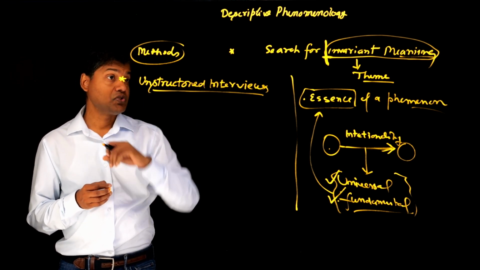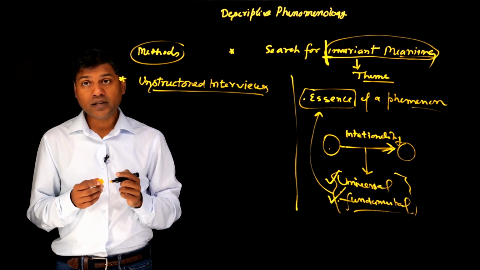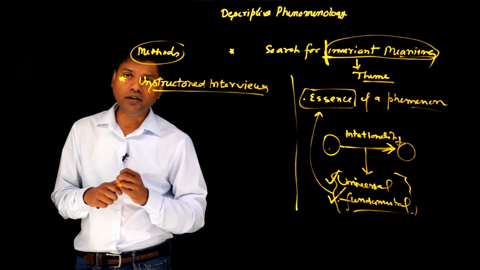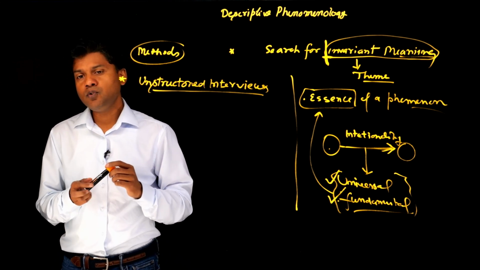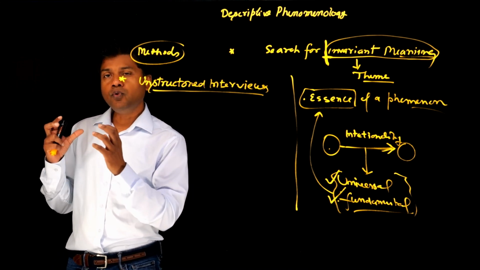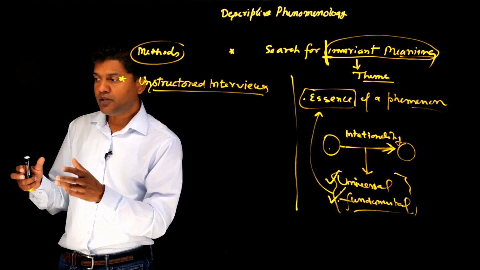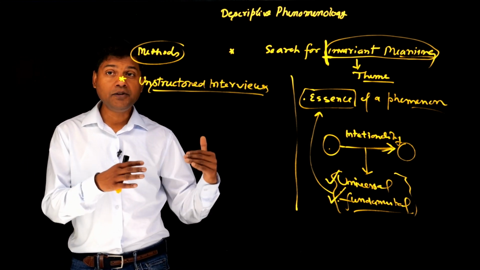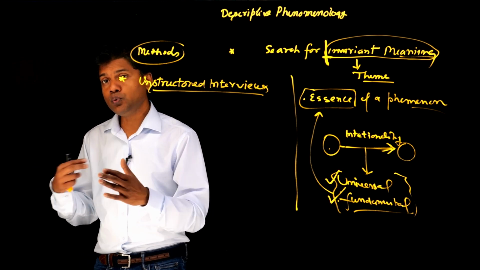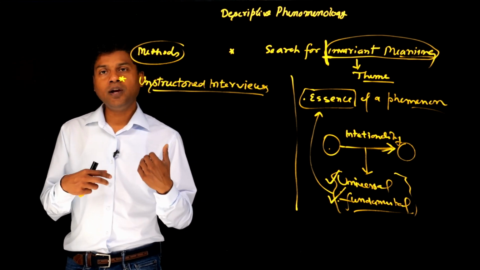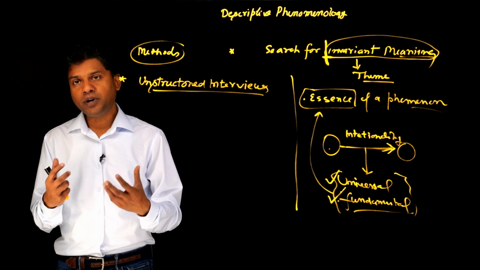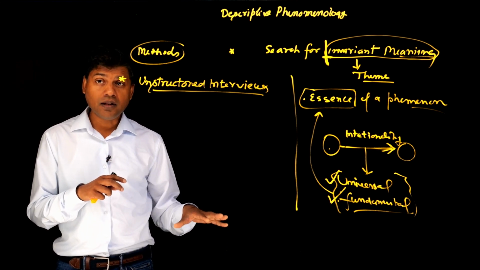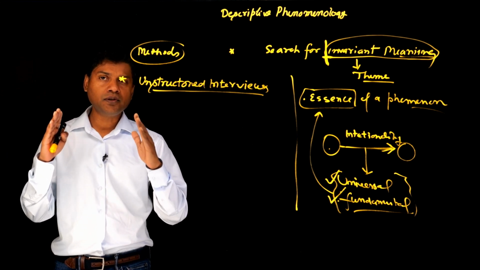I'm using the word unstructured. I hope you already know what an unstructured interview is, but I can just summarize it. An unstructured interview is an interview where you know the focus of your study, but you don't have predetermined questions to use while you are gathering data, while you are talking to your participant. So you don't have questions lined up, but you have a sense of direction.